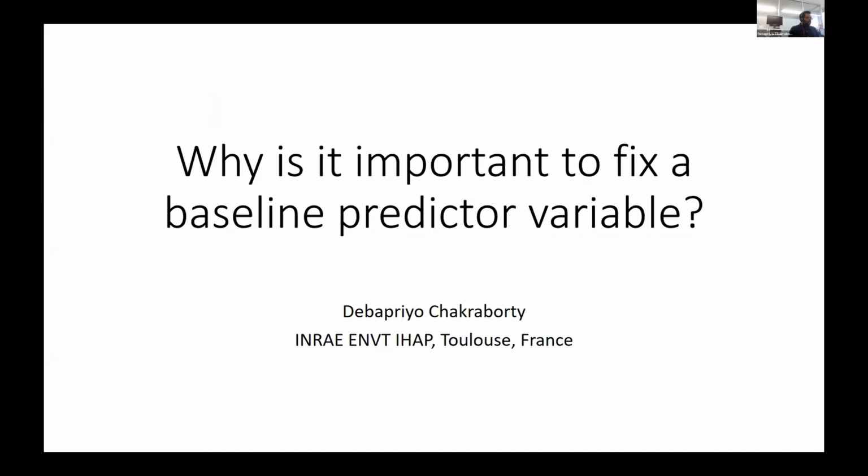So I'll just make a quick, small discussion about three interrelated things. Number one is to deal with categorical variables, which I'll be talking about with this question: why is it important to fix a baseline predictor variable?